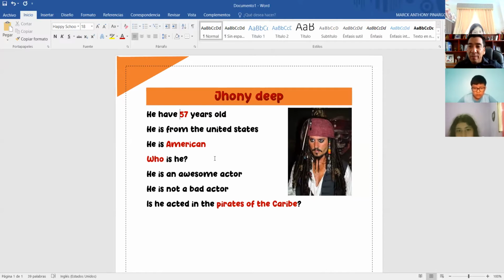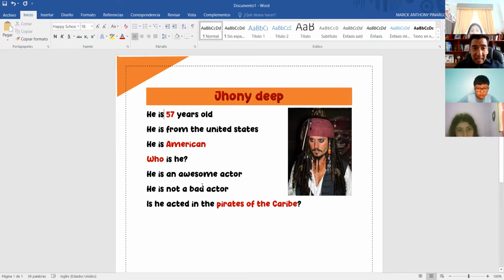No utilizamos el verbo have como en español. Yo tengo 44 años. No. We use the verb be. I repeat. Every time that we refer to the age, we use the verb be. Cada vez que nos refiramos a la edad, utilizamos el verbo be.